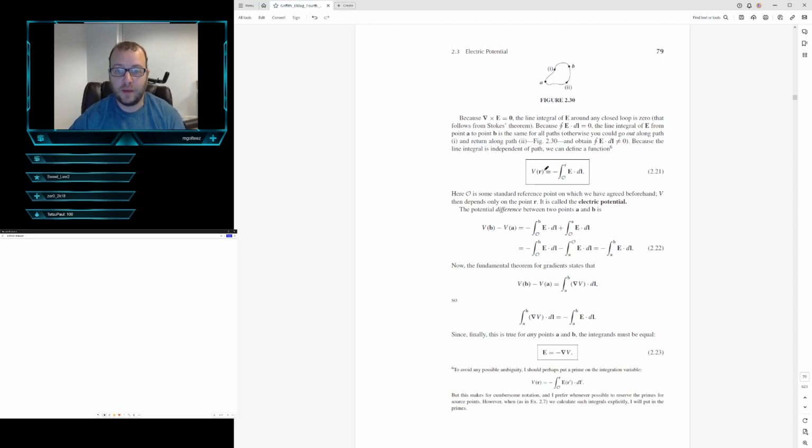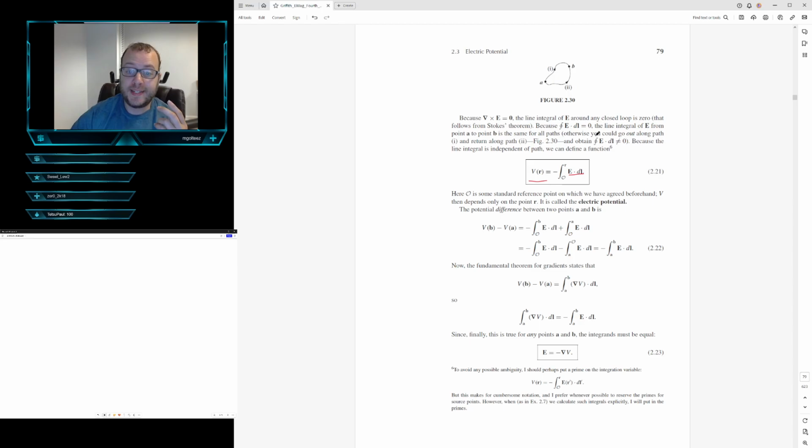And because of that, we are going to define some scalar function as the line integral from some reference point to some point r of the electric field dot dl.